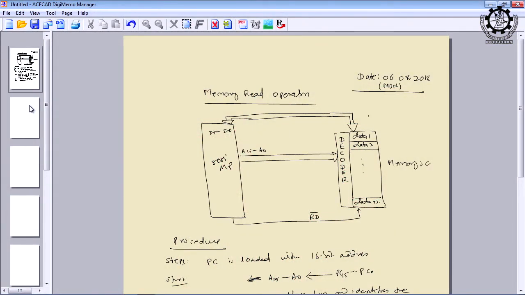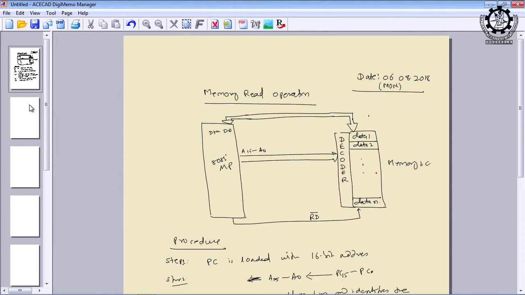But before that, what are the resources required to carry out the memory read operation? You can observe from this diagram. On the left side there is a microprocessor 8085, which is an IC, and on the right side there is a memory. Now we will ignore the types of memory. We are discussing semiconductor memories, because magnetic memories are treated as IO devices, right.